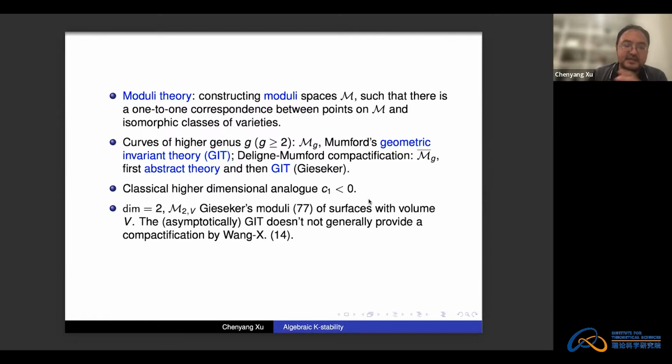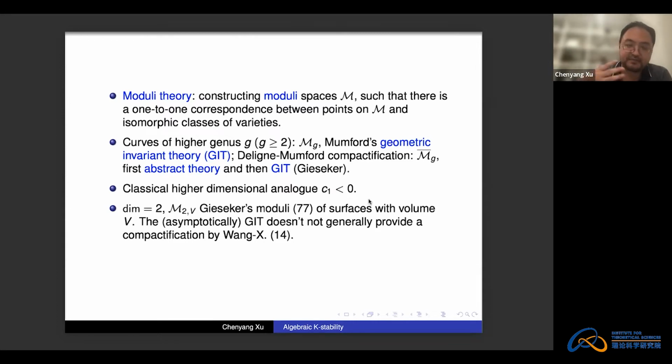That being said, let's look at the history of finding moduli spaces for varieties. The simplest case is the moduli space of curves, which is already very, very interesting. Historically, there was an analytic approach to studying the moduli space of curves by looking at Teichmüller space. But the most important construction was done by Mumford using geometric invariant theory around the 50s and 60s.